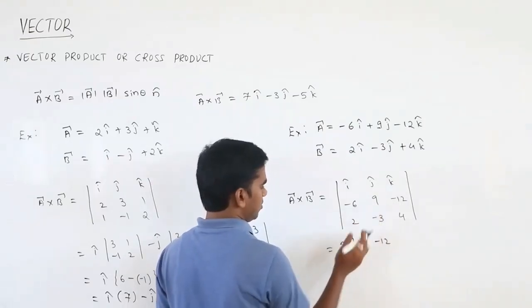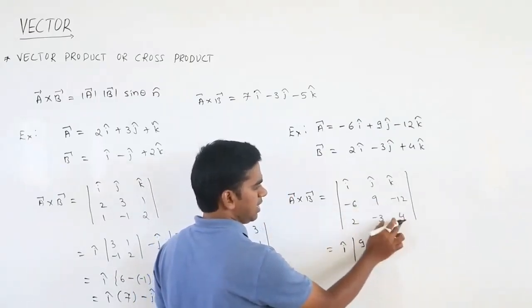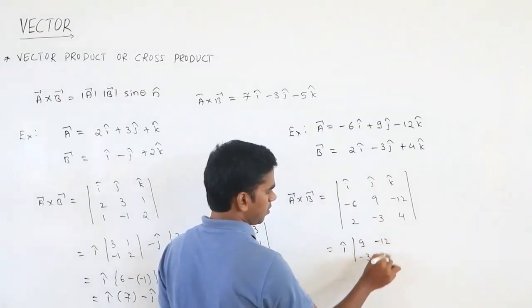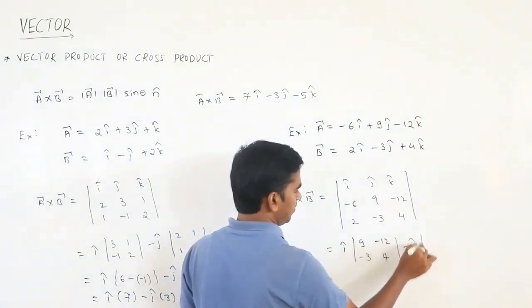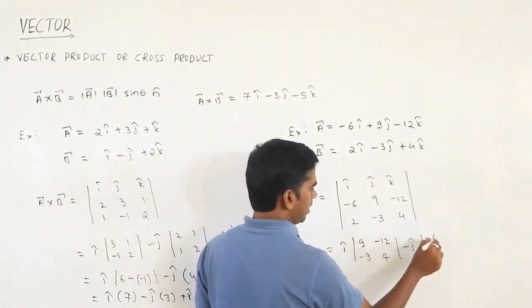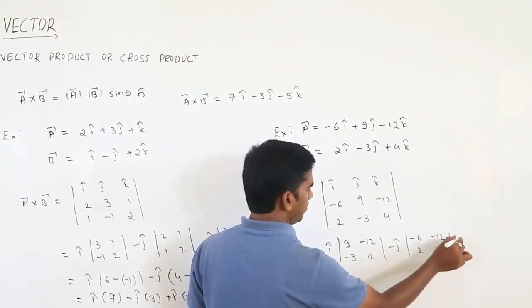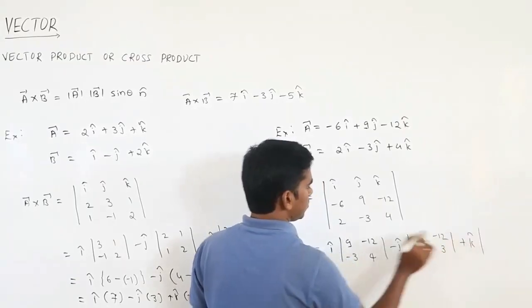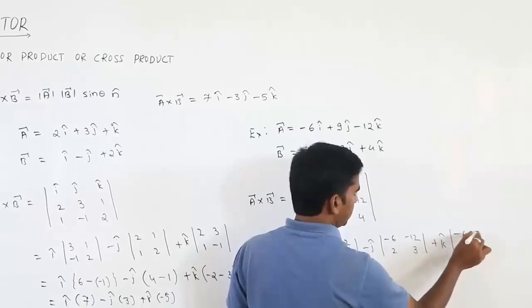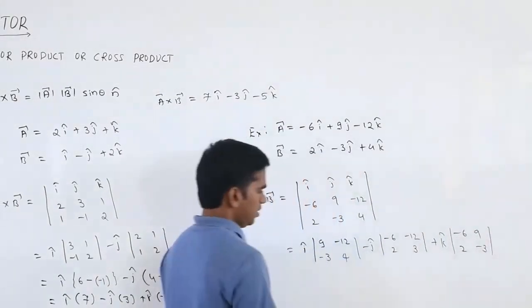You can do it directly also, just for convenience I am doing all this. You can directly write 9 into 4, 36, like that. Okay, so minus 3, 4, minus j cap, so what you can get, minus 6, minus 12, 2 and 3, plus k cap, minus 6, 9, 2, minus 3. Okay, so this is what we got.